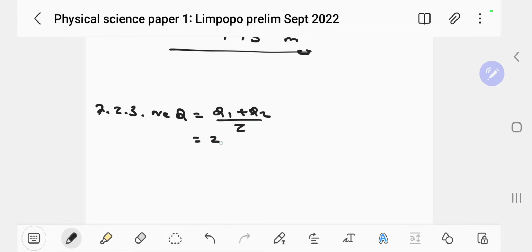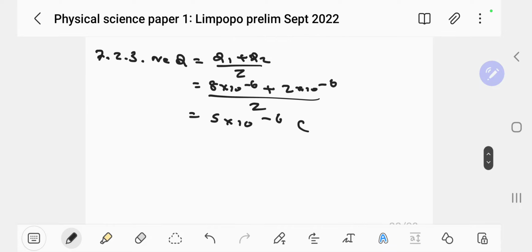It was 8 times 10 to the minus 6 plus 2 times 10 to the minus 6 divided by 2. Remember, it's an average between those two charges. So this is 5 times 10 to the exponent minus 6 coulombs.